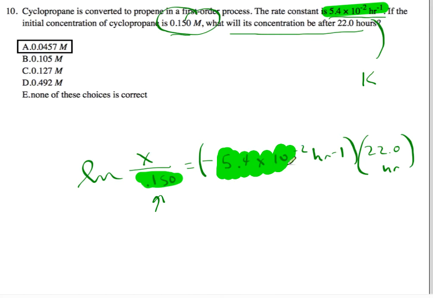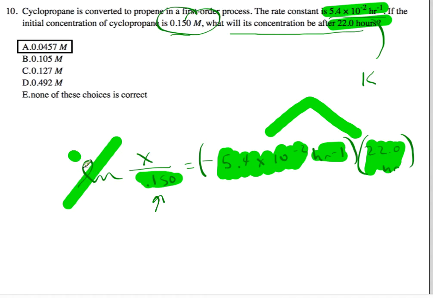I pop that in for k right there. Notice my units are in hours, and they want to know what the concentration is going to be after 22 hours. The units of time match. I plug it in there, and then I'm algebraically solving it and solving for x. Make sure you multiply this side first. To get rid of natural log, you would e this side after you multiply it, and you'll end up cross multiplying, and that should be your answer.